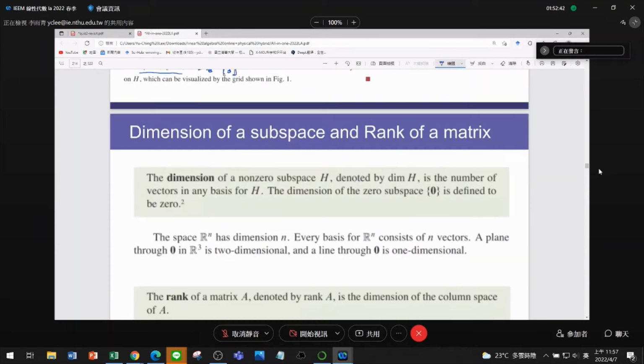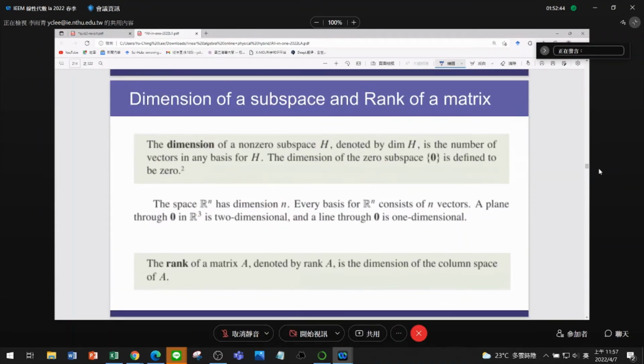And next we define what the dimension is. The dimension of a nonzero subspace H, denoted by dim H, is the number of vectors in any basis for H. Like we count the number of vectors in the collection of that capital B within braces. Suppose we count 1, 2, 3, and there are 3 vectors in the basis.